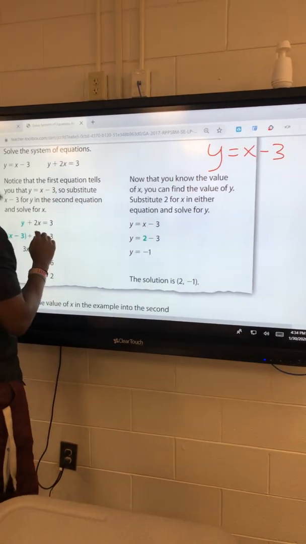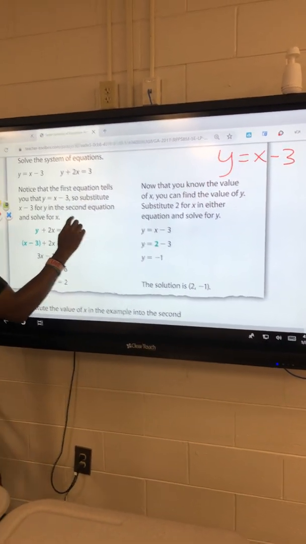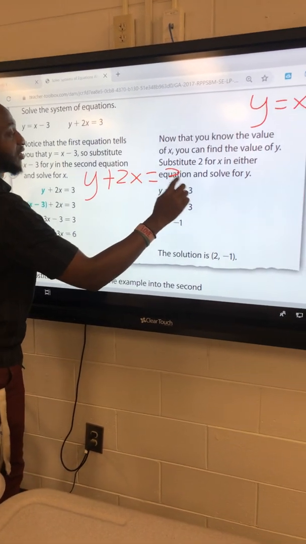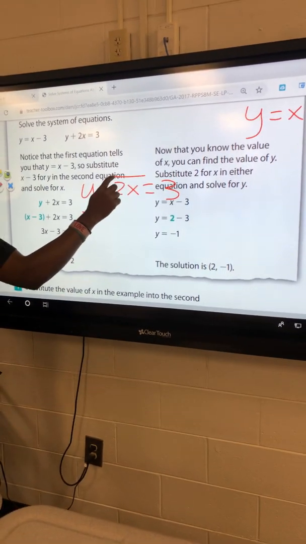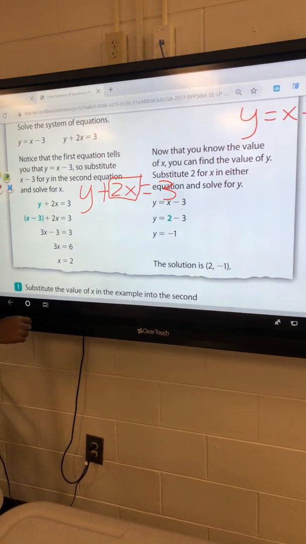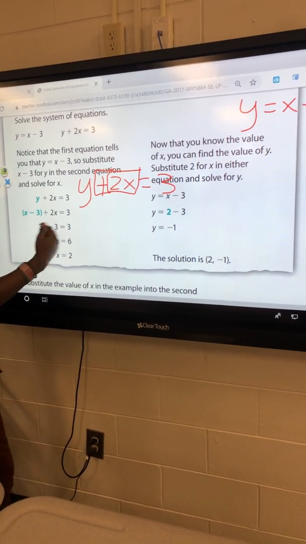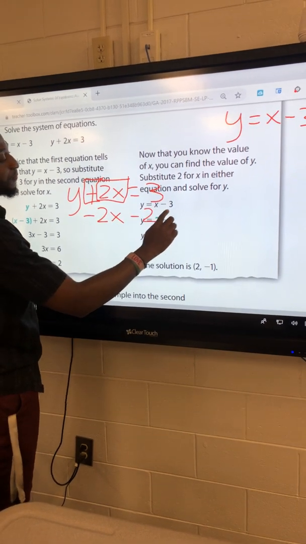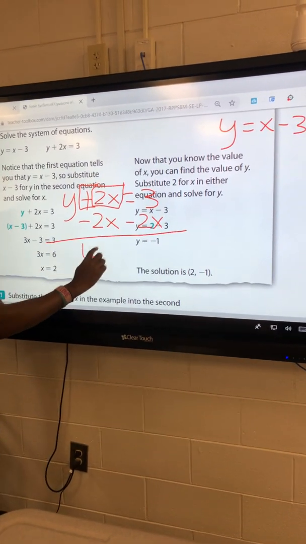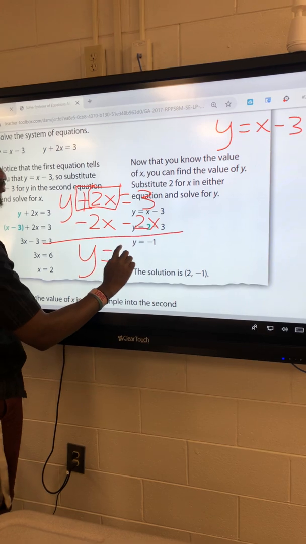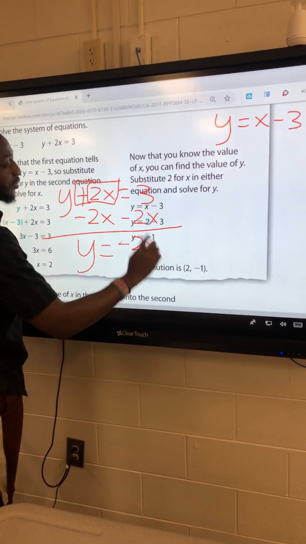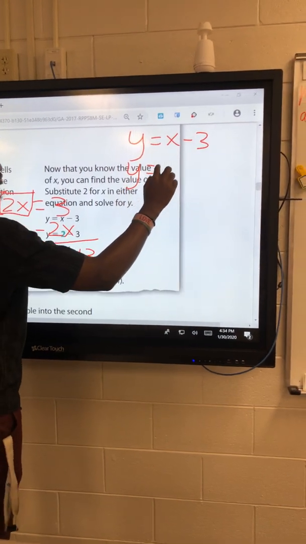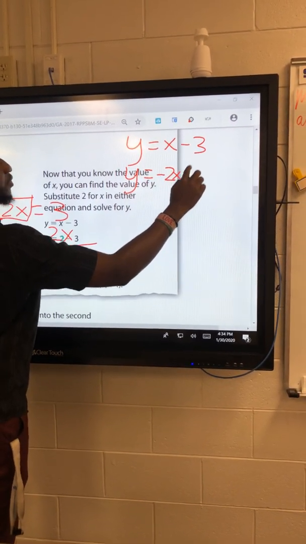The second one, y plus 2x equals 3, is not in slope-intercept form, but I can get it there just by getting that y alone. The only thing I have on this left side with the y is this 2x, and it's a positive 2x, so I need to subtract 2x. So I get y equals negative 2x plus 3.